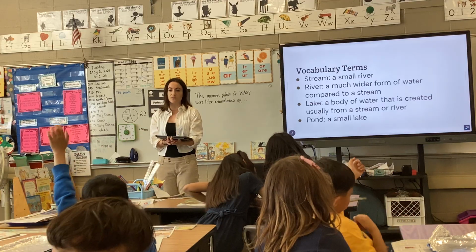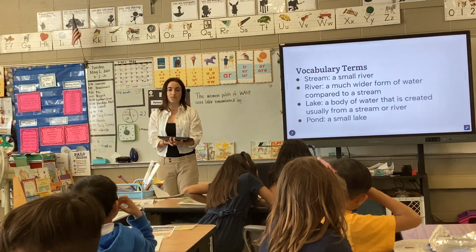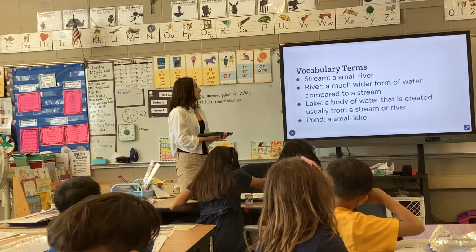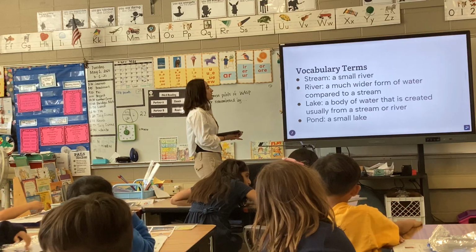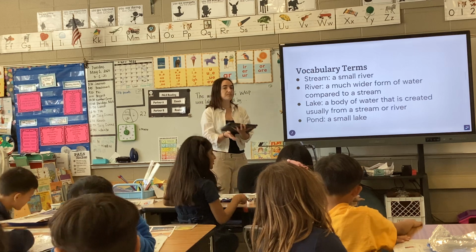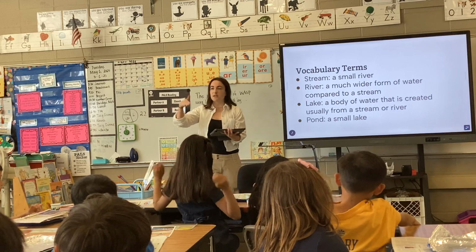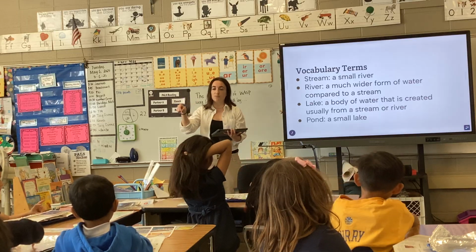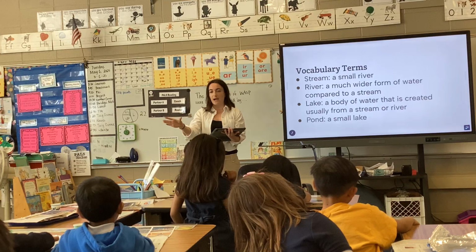Do you have a question? Why does the lake get so much bigger? The lake is smaller than the river. So a stream is a word for something small, for instance, down a mountain. The stream will be narrower, which means smaller, not as wide as a river.